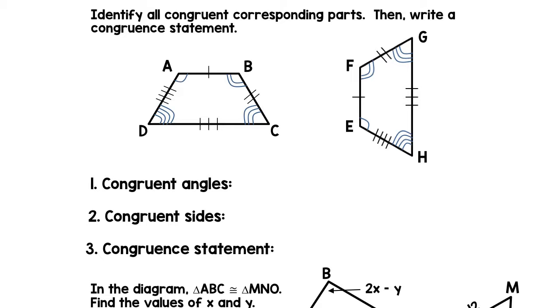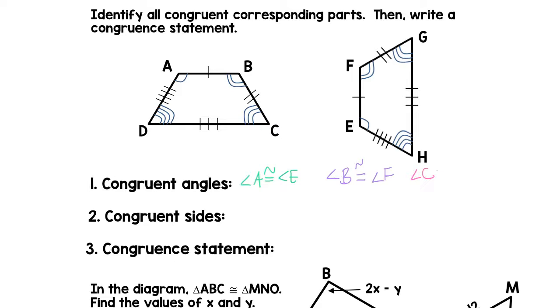All these dashes along the sides and the different number of arcs in the angles are going to tell us what's congruent. So first we're going to look at congruent angles. Well, we know that angle A is congruent to whatever has one arc on the other polygon, which is angle E. We know that angle B has two arcs and it's congruent to angle F, which also has two arcs.